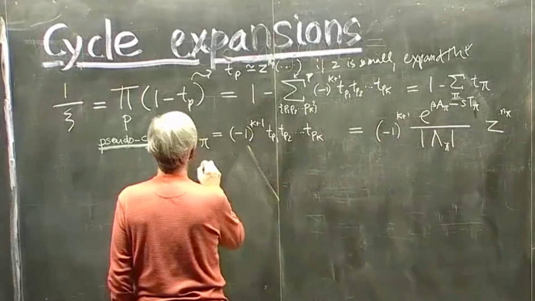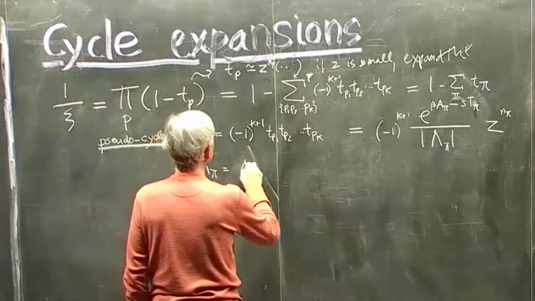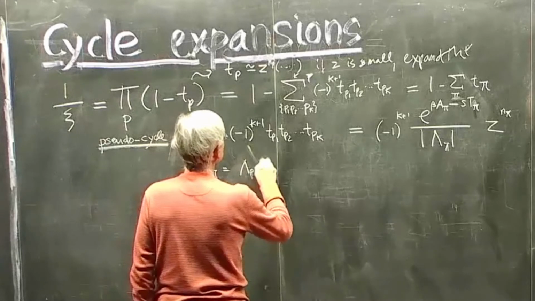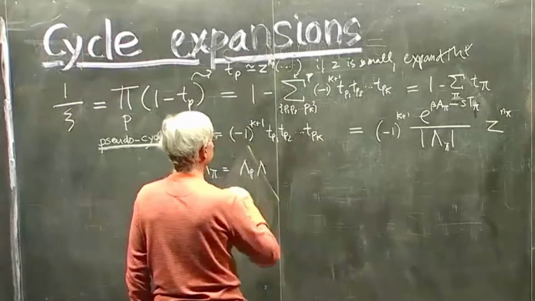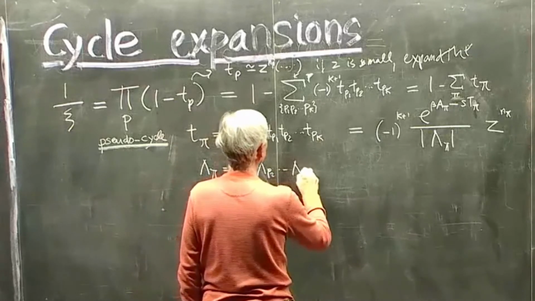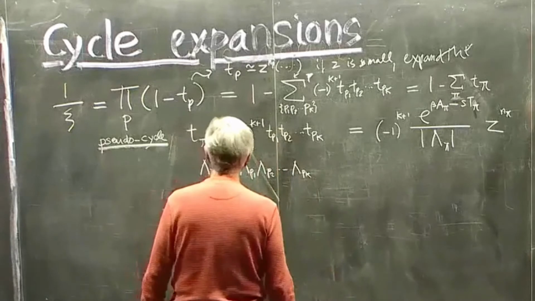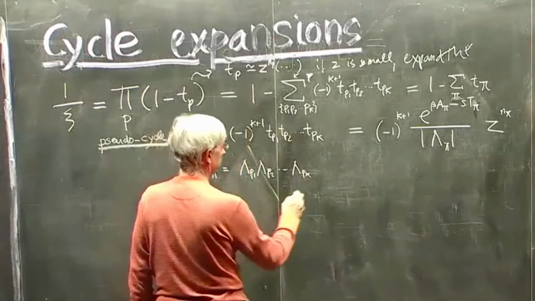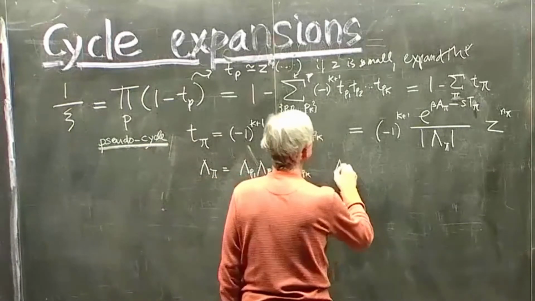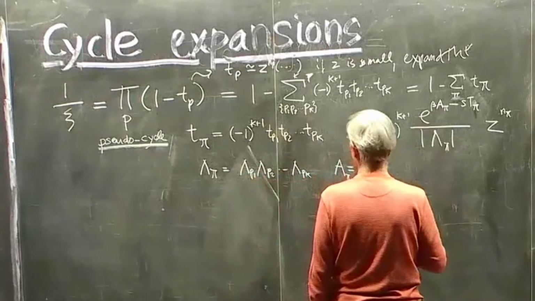And what are all these things? So lambda of the pseudo-cycle is simply the product of lambdas, because that's what you'll inherit from here, lambda p1 lambda p2 through lambda pk. The observable of a pseudo-cycle is simply the sum, it shows up upstairs.